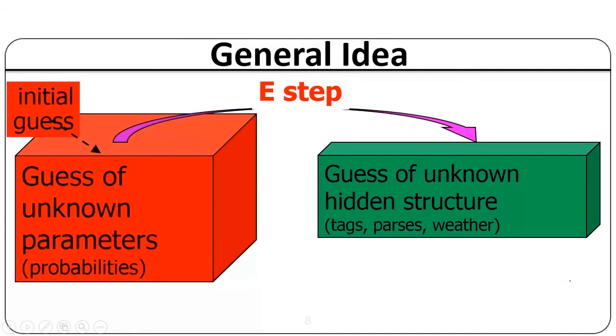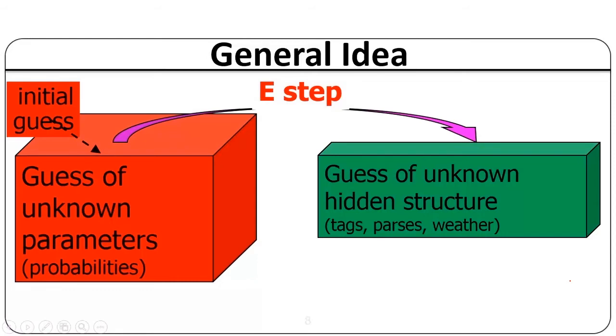Now this is the diagrammatic representation of expectation maximization. Initially we guess the values, and then guess the unknown parameters based on probability. With the help of each step, we guess the unknown hidden structures, whether they could be tags or parses or weather.